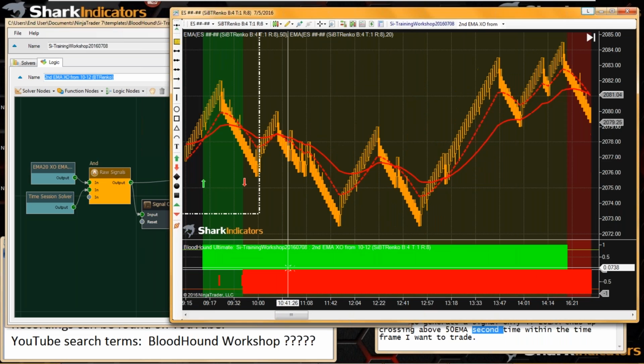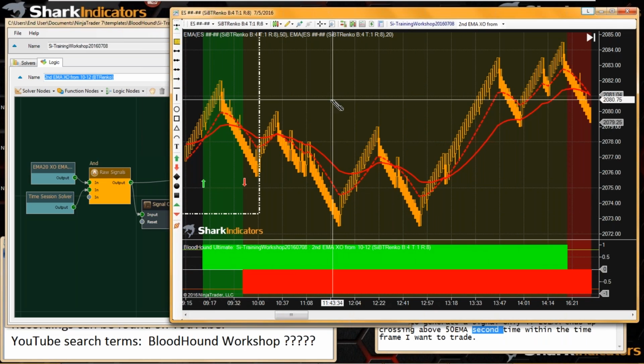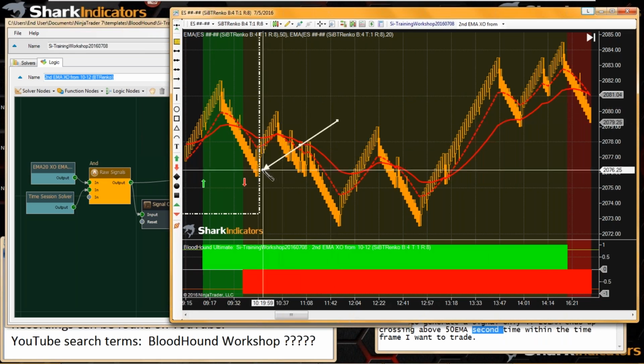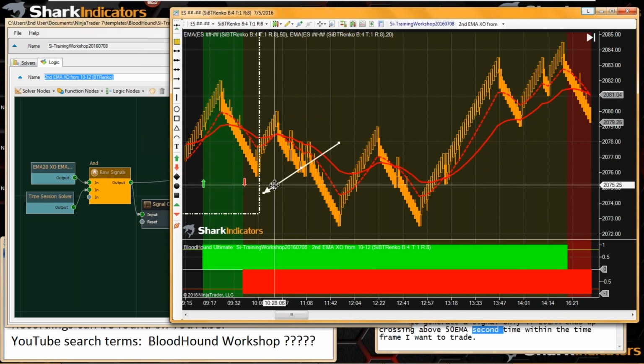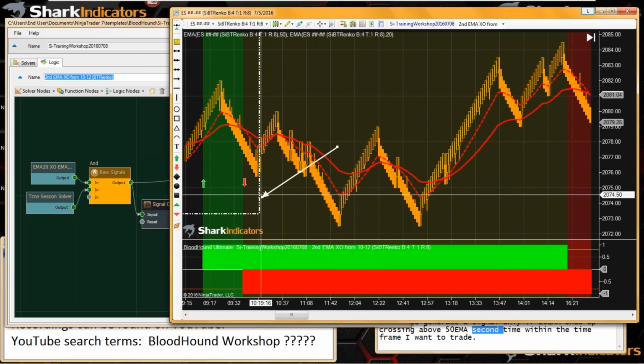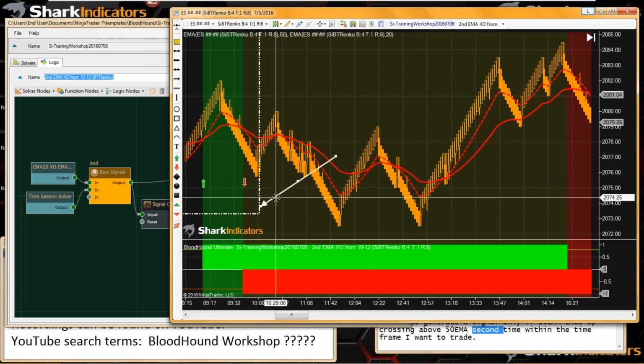Let's say we needed to turn this output off once we got to the end of our time block here, around 12 o'clock, or 10 o'clock my time. If we had something a little more complex, we might need to turn the signal counter off once we get to the end here. And that's what that reset connection is for.